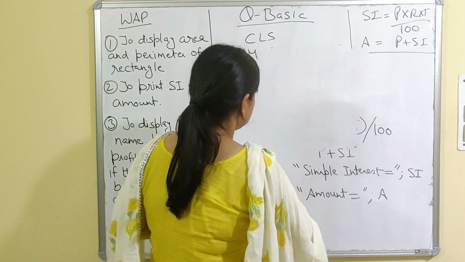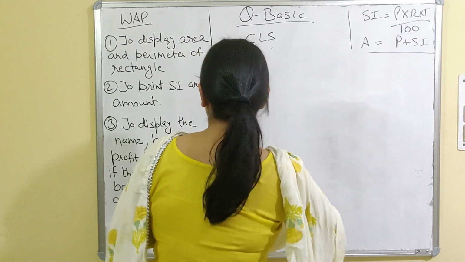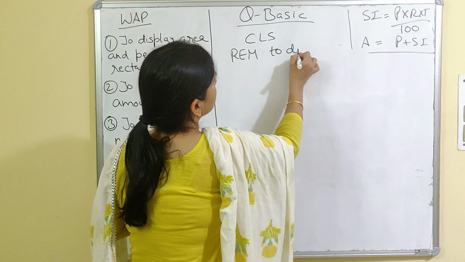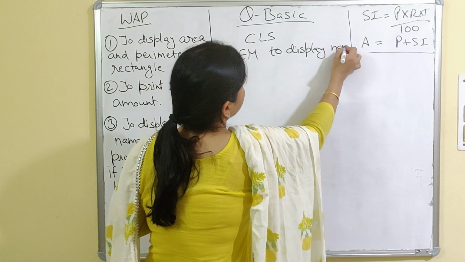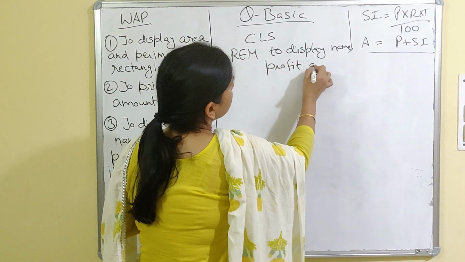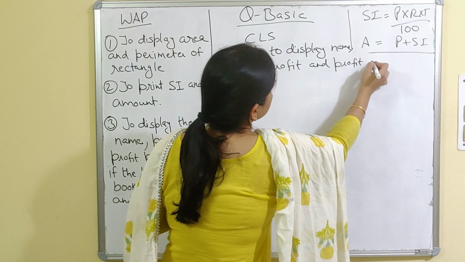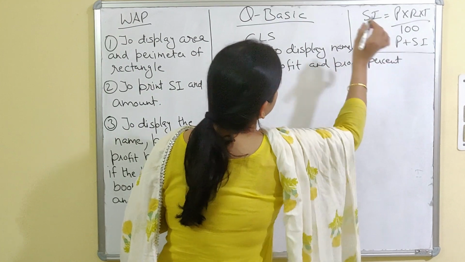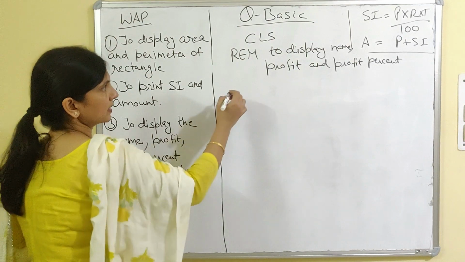First CLS and then REM. Remark you can give. Remark to display name, profit, profit percent. Fine, this is a remark to display name, profit and profit percent.